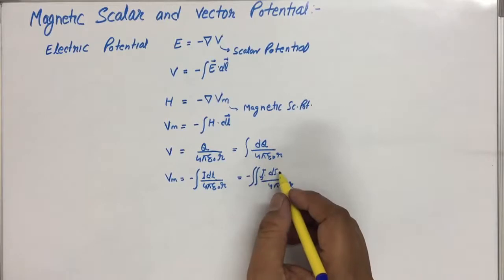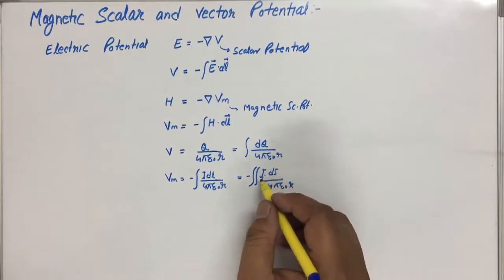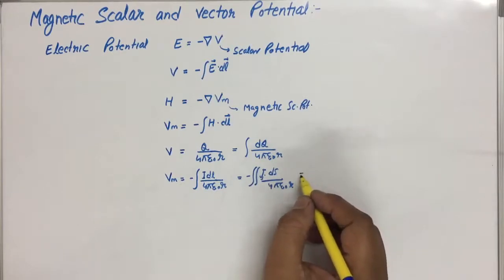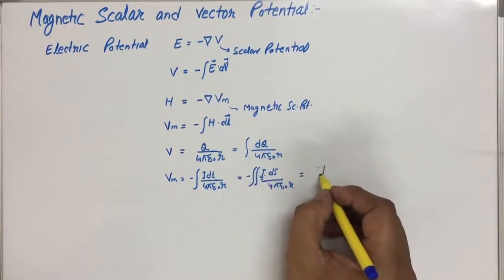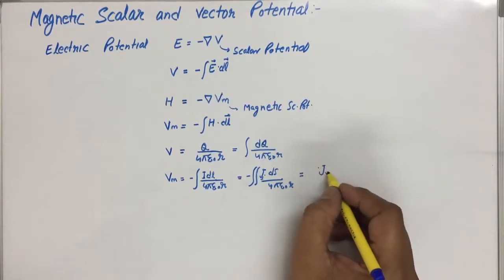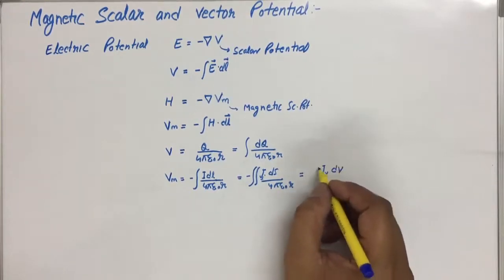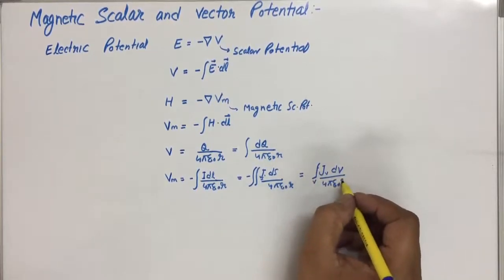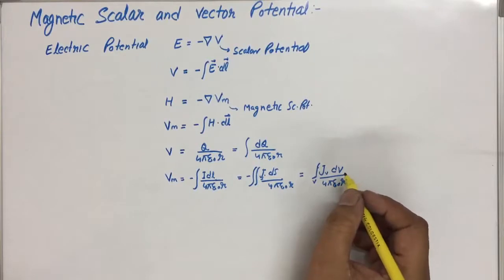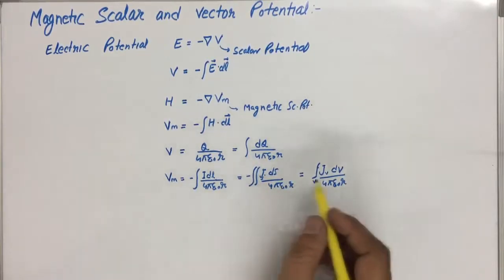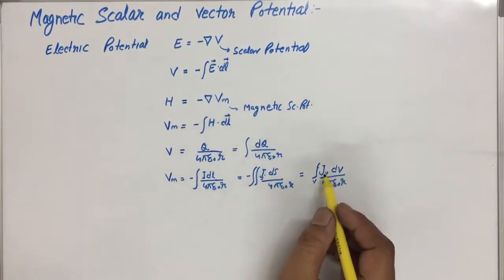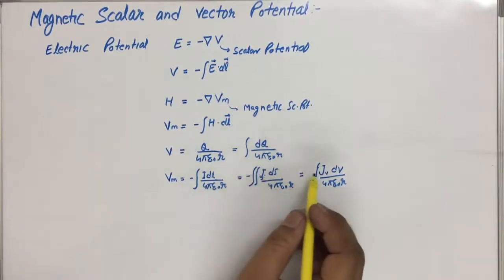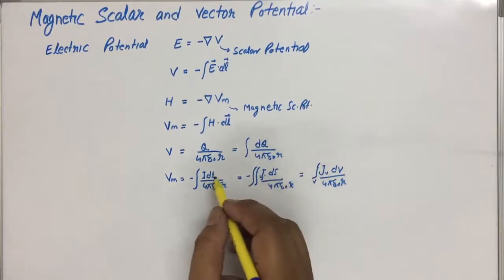According to the type of current available, for volume current we have Jv dv for the volume integral over 4 pi r. So this is the magnetic potential. Instead of charge, here current is used.